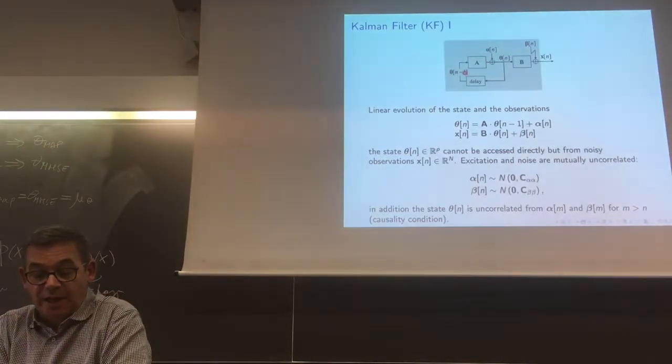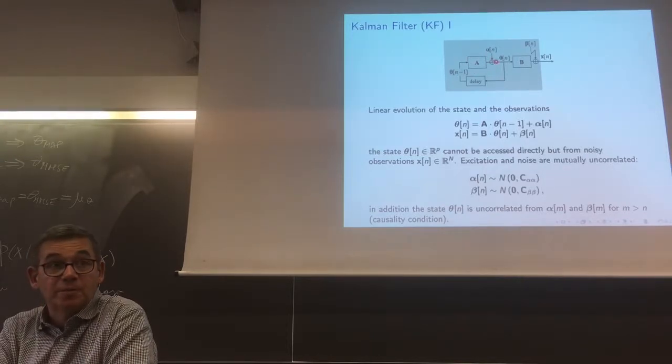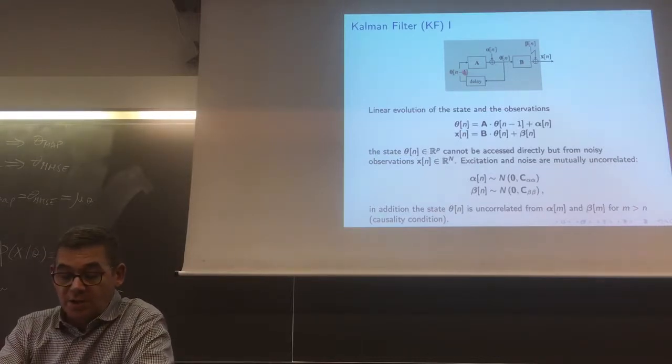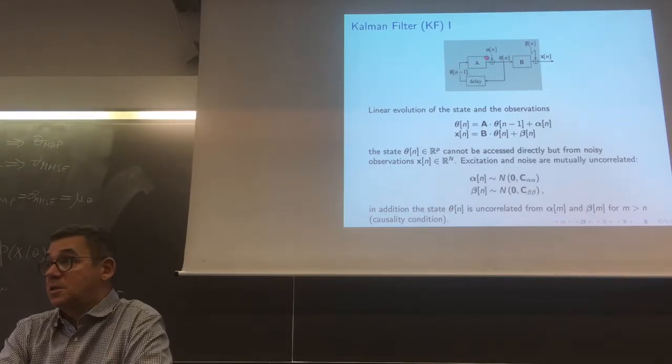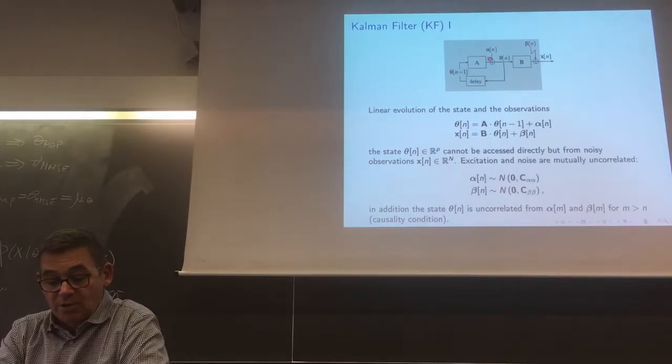Now, looking at the state, this is evolving independently. So you can consider how a person is moving, how a missile is moving, how a car is moving, and so on.